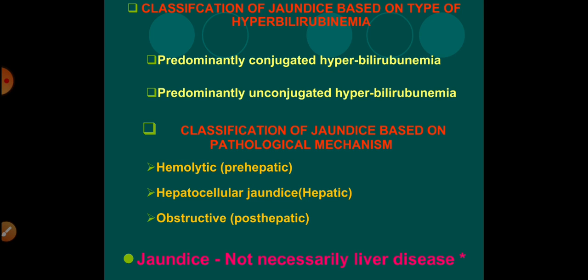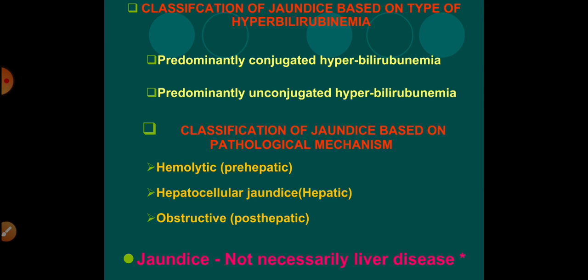Then coming to the classification of jaundice. The jaundice is classified by different methods. Here I am presenting a few ways of classifying jaundice. Classification of jaundice based on the type of hyperbilirubinemia: it could be predominantly conjugated hyperbilirubinemia or predominantly unconjugated hyperbilirubinemia.